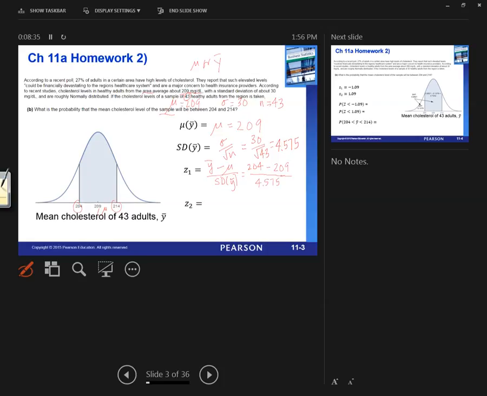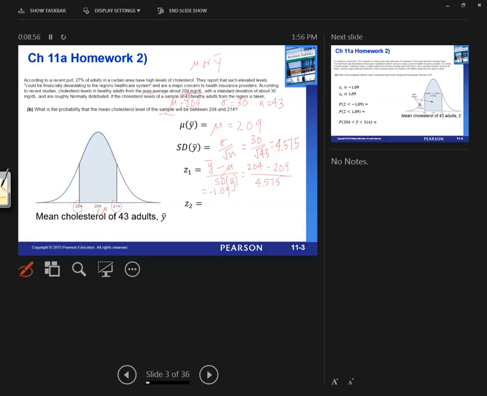So this is 204 minus 209, which is minus 5, over 4.575. This is actually equal to negative 1.09. So a cholesterol of 204 on average is a little more than one standard deviation below 209.